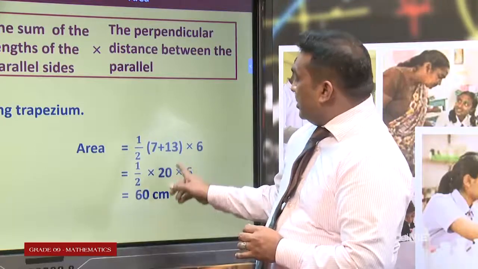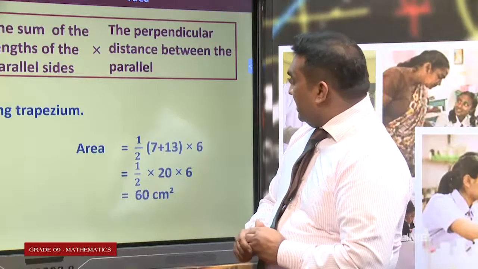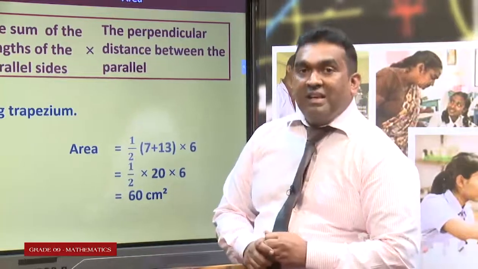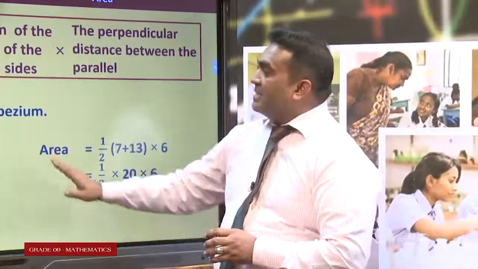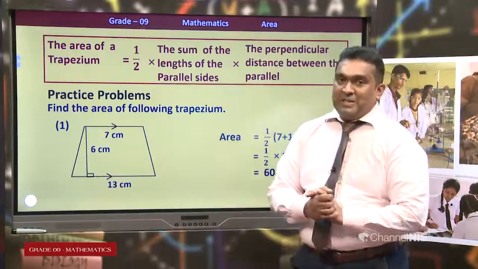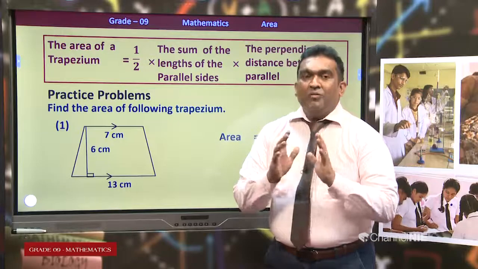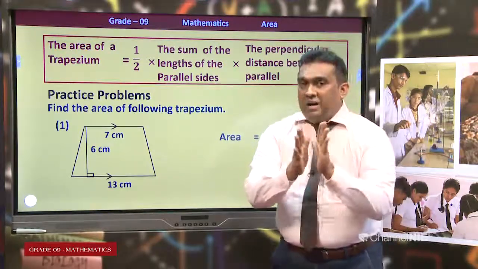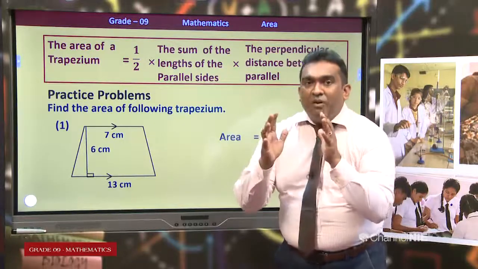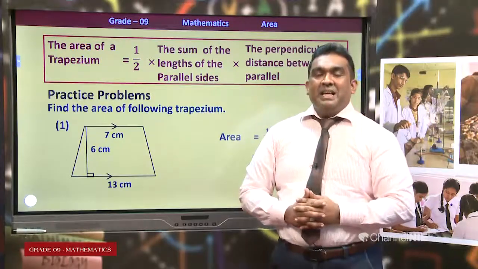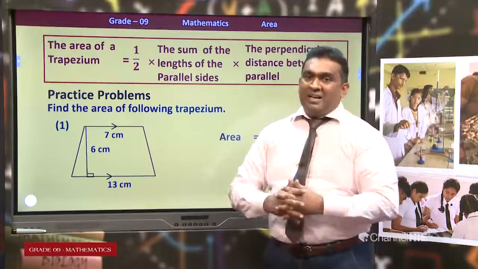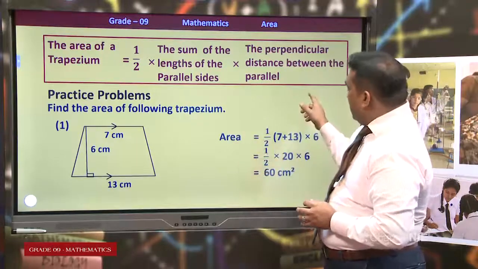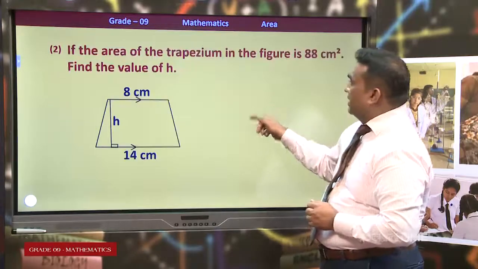You can divide 20 by 2, then 10 centimeters multiplied by 6 centimeters, 60 square centimeters. This is the area of the trapezium, right. If you want to find the area of a trapezium, you have to consider half, then the sum of lengths of two parallel sides and the perpendicular height, right. After simplifying, you can find the area as 60 square centimeters.